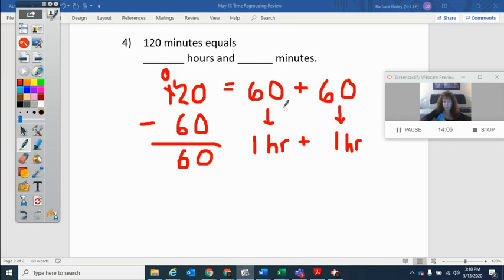Okay, so 60 minutes plus 60 minutes is equal to 1 hour plus 1 hour, which is 2 hours. So 120 minutes equals 2 hours, but we had no minutes left over because 60 is 1 whole hour. Another 60 minutes is 2 whole hours, but there were no minutes left over.